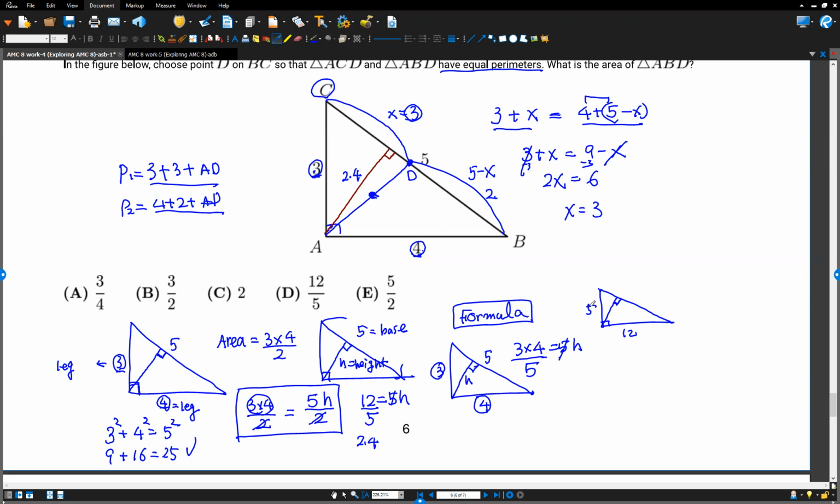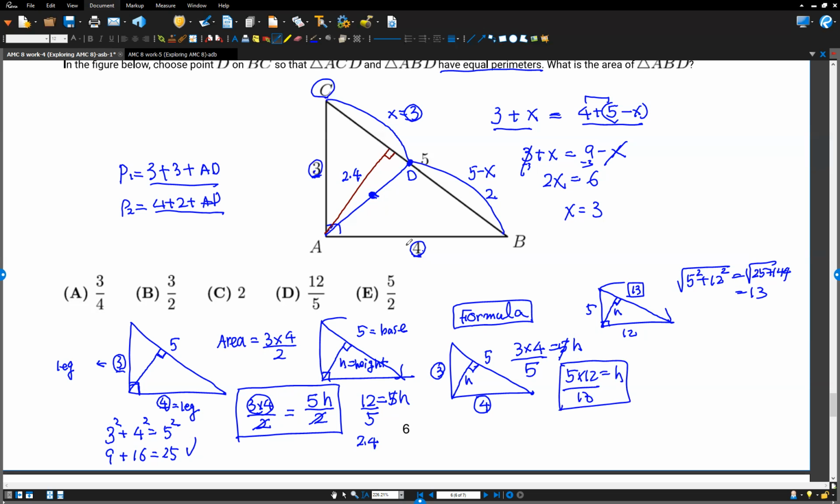So quickly you can find this is 5, 12, and this is 13, because the square root of 5 squared, which is 25, plus 12 squared, which is 144, is 169, and that is 13. After that, what is the height? 5 times 12 divided by 13 is the height. That's the formula.